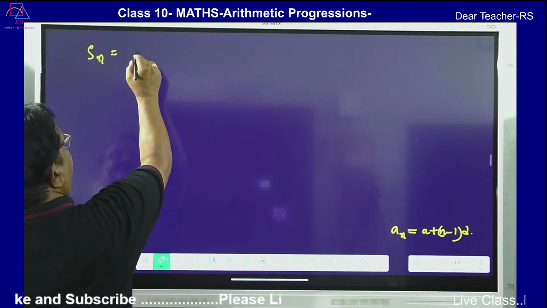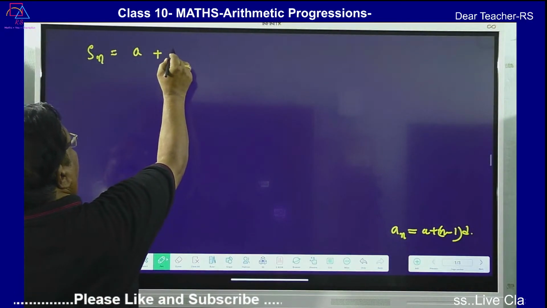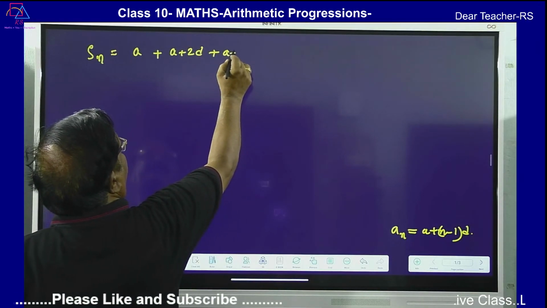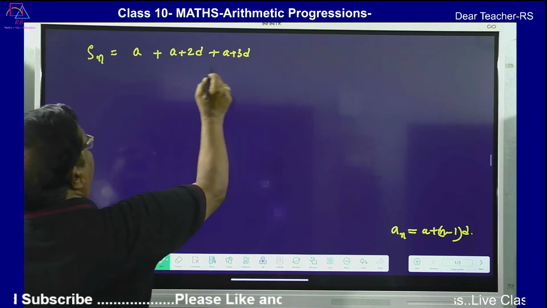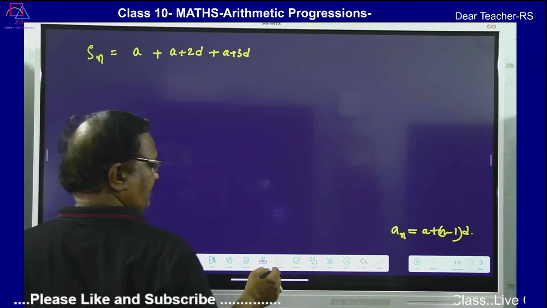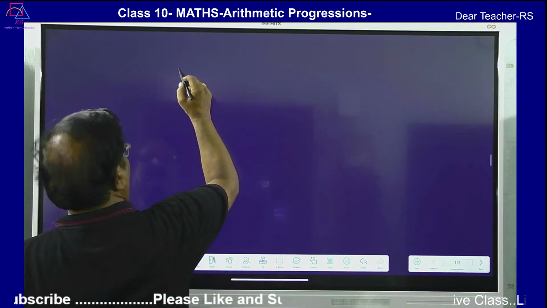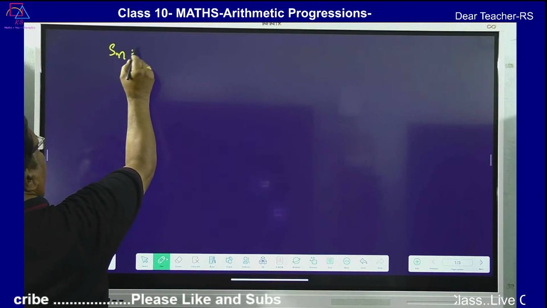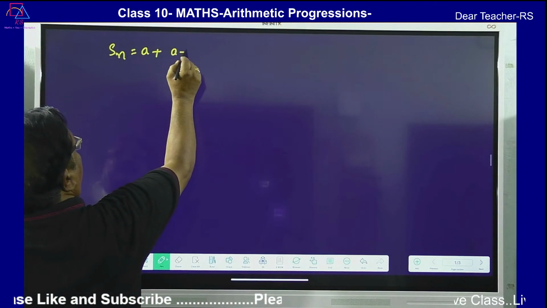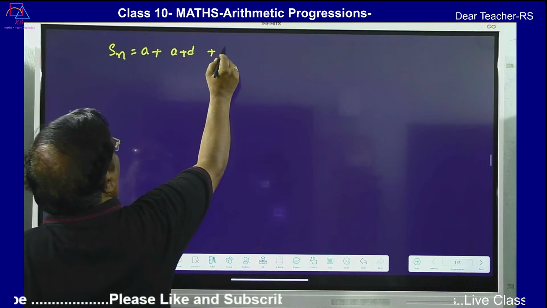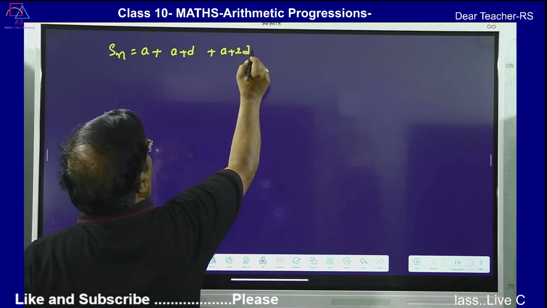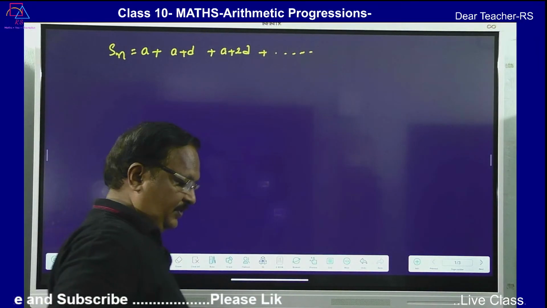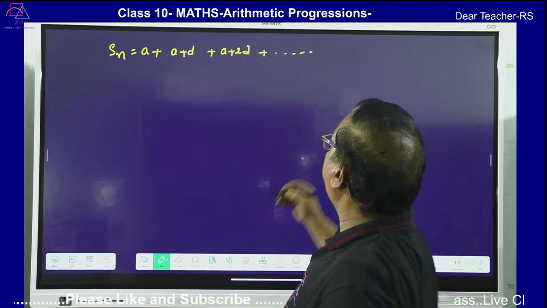So a is the first term, a plus d is the second term, a plus 2d is the third term. Sn is equal to a plus (a plus d) plus (a plus 2d) and so on. So what will be the last term, the nth term?